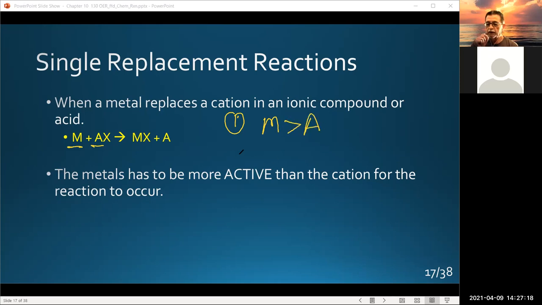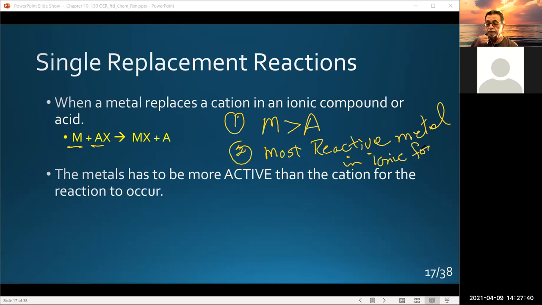Okay. Second question you ask yourself: is the most reactive metal in ionic form, or is it a compound? That's the question.